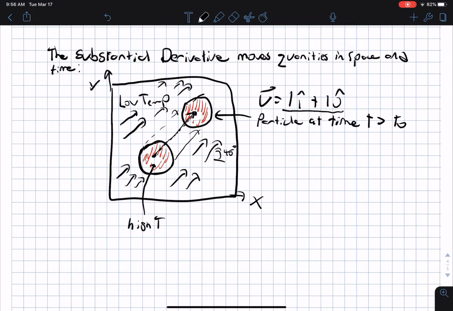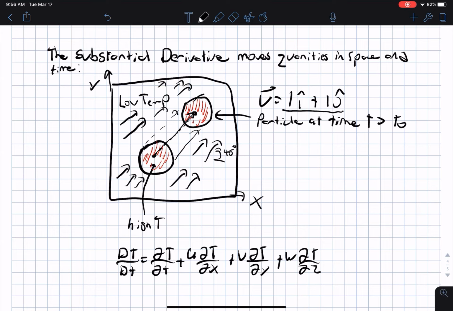Now, if instead of considering this as a solid particle, it was just a blob of fluid, it would still move at this exact 45-degree angle, and what the substantial derivative does is, if we apply this to temperature, we have DT equals partial temperature partial time, plus u partial T partial x, plus v partial T partial y, plus w partial T partial z. Well, w is equal to 0 here.